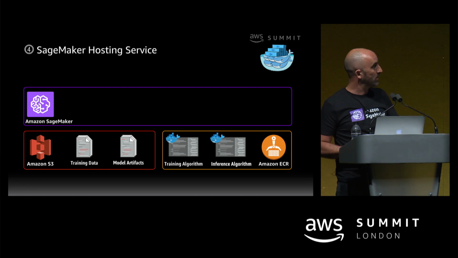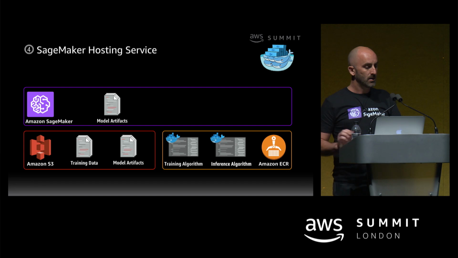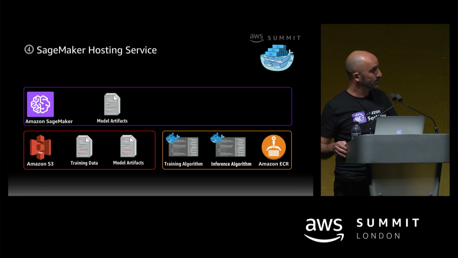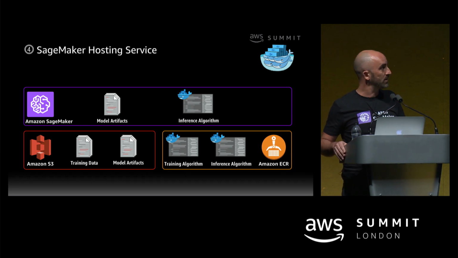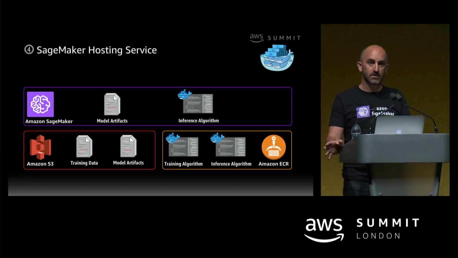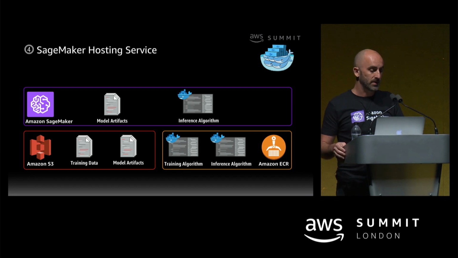As long as you have a model artifact that's zipped and put up into S3, that's the only requirement. So the model artifact is pulled into the hosting service from SageMaker. SageMaker will then spin up the hosting infrastructure using the inference algorithm that you decide. Again, this could be the managed one if you're using a built-in algorithm, or your own custom inference Docker image, to then create essentially the endpoint.